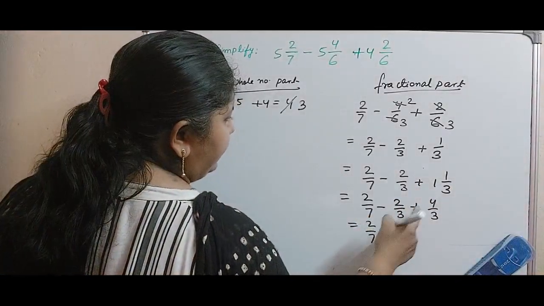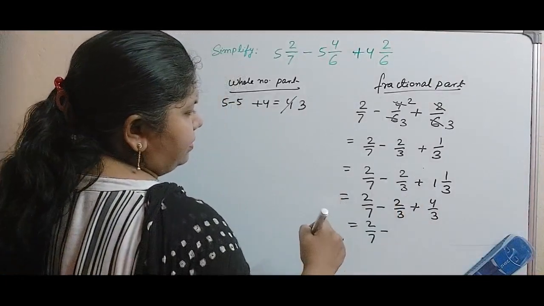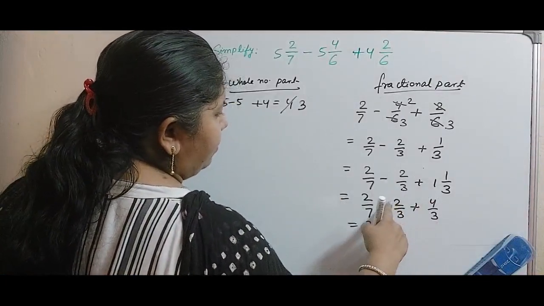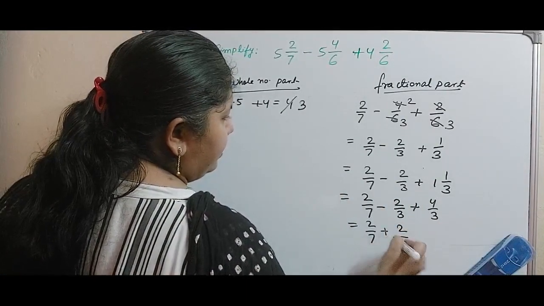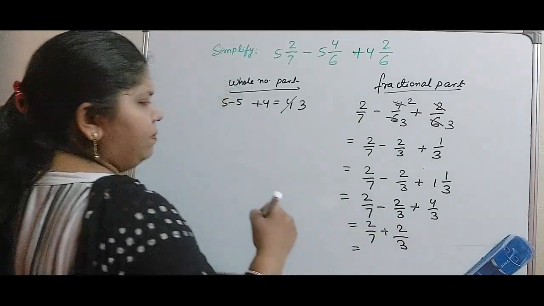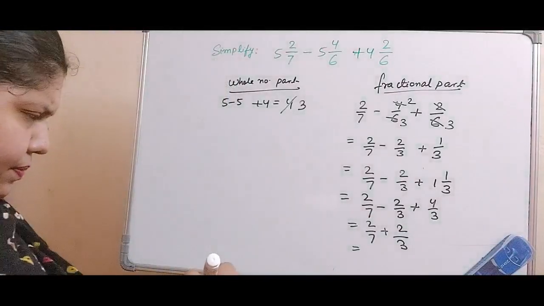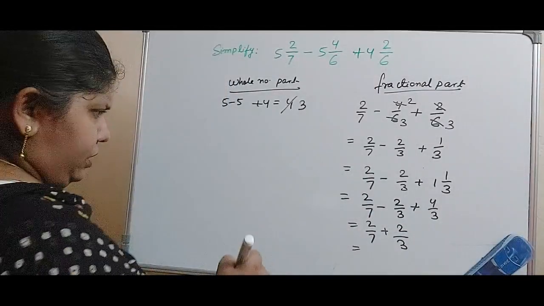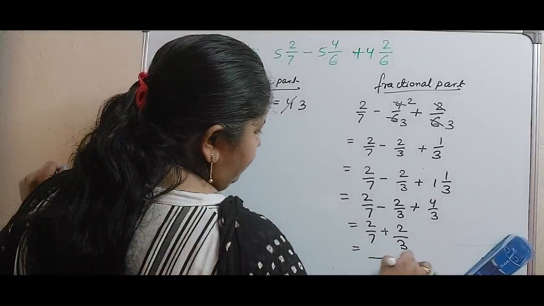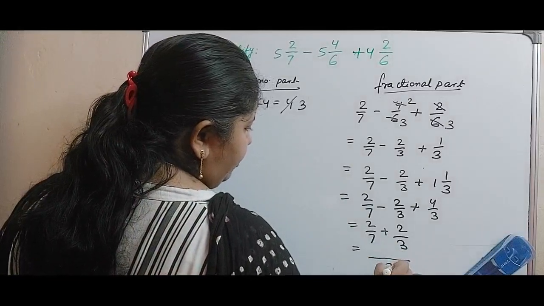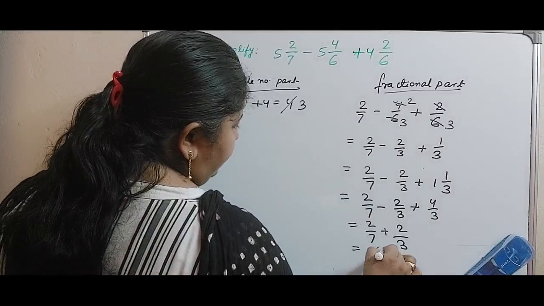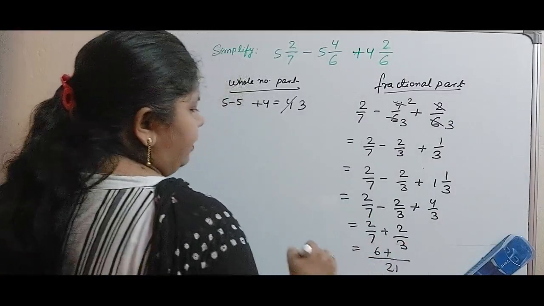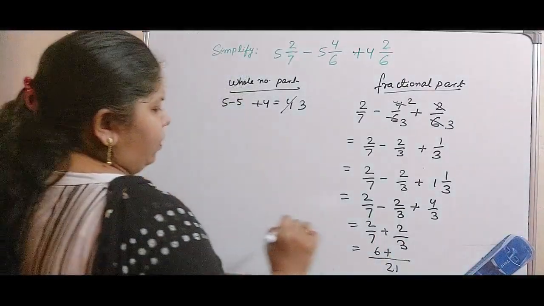So what will you get? 2 by 7 minus, just subtract the numerators. Here it is 4 minus 2, so you get plus 2 by 3. So 2 by 7 plus 2 by 3, what will you get? Take the common denominator 21. 21 divided by 7 is 3, 3 into 2 is 6, plus 21 divided by 3 is 7, 2 7s are 14.